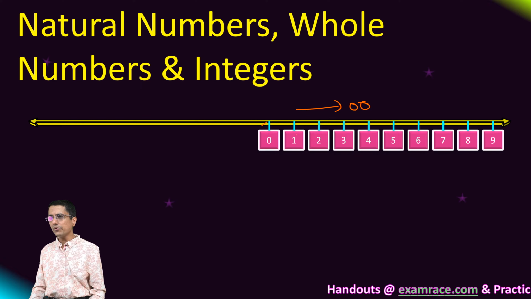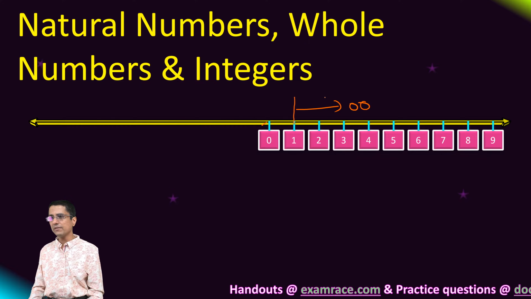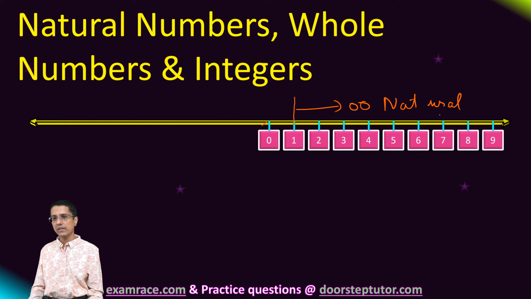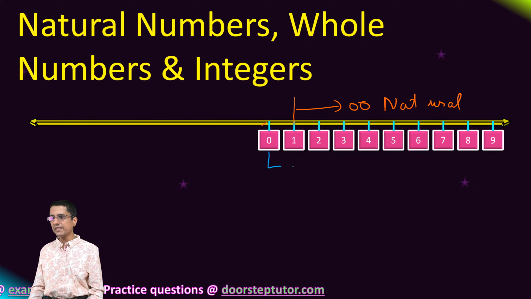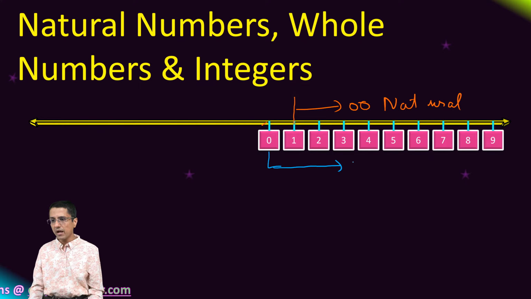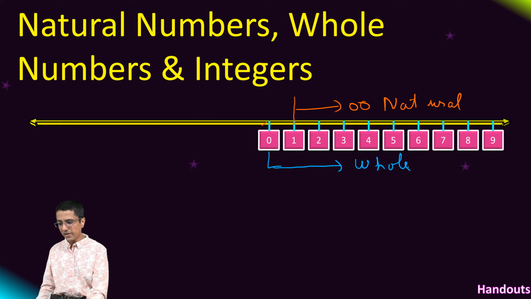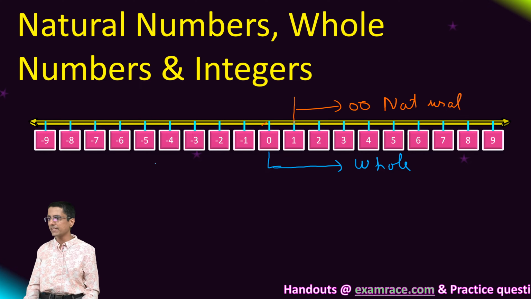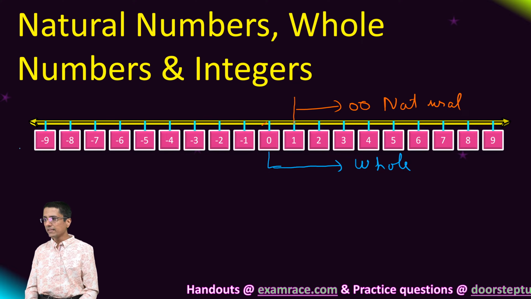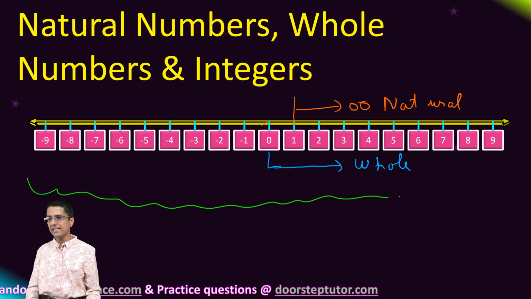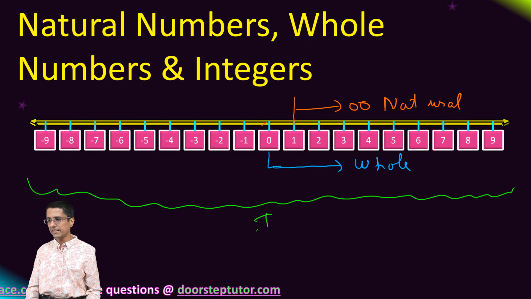If I add 0 to this set, starting from 0 and going in the positive direction, I have whole numbers. And then if I add all the negative integers to it as well, this entire set is known as the set of integers.